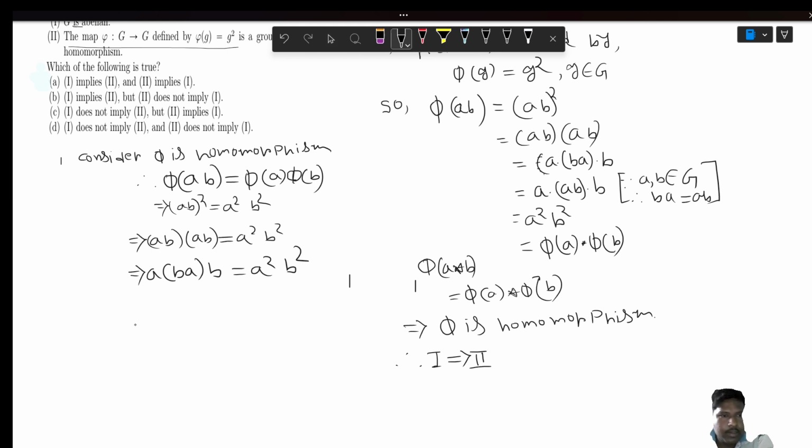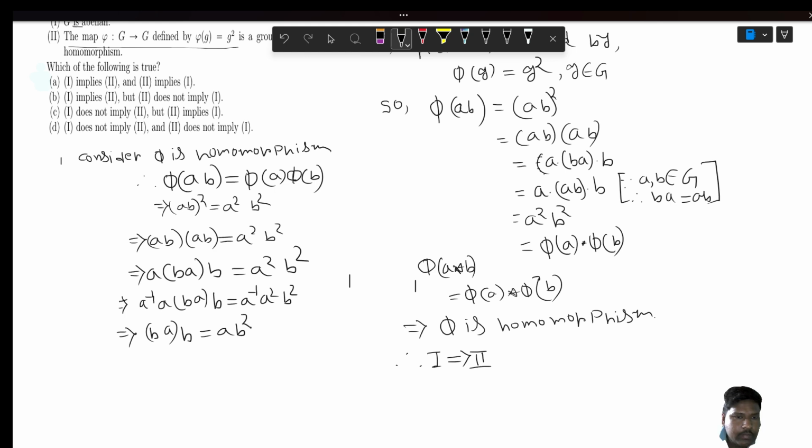So, composing inverse of a on the left hand side of both sides, that means a inverse a, bab equals to a inverse a square, b square, which gives bab equals to ab square.